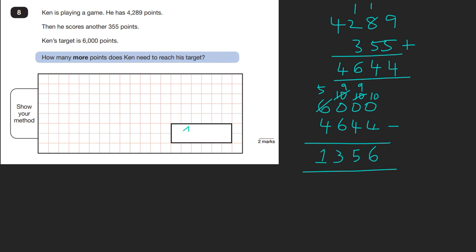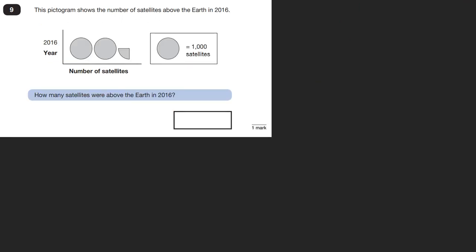So he needs to score another 1,356 points to reach his target, and you can show the working out. So the answer is 1,356.